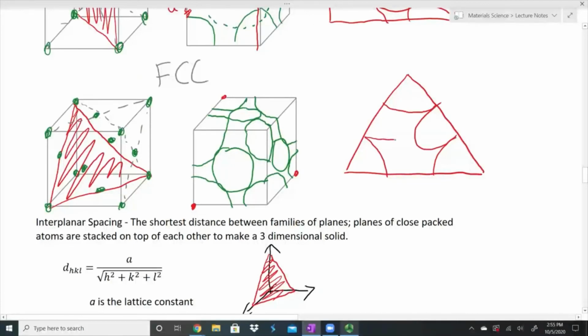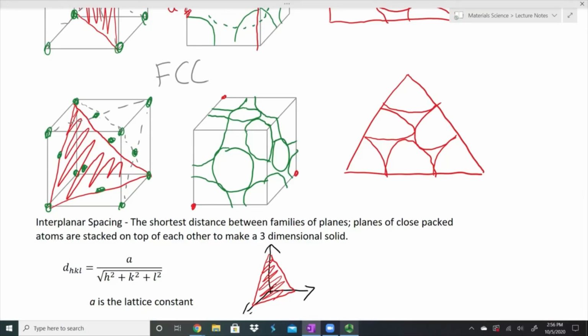These atoms are going to all touch, something like that. Maybe we'll take a look at some pictures later so you don't have to see my horrible drawings of this. But this is going to be the most densely packed plane. And you can see that it's actually very, very densely packed. You could do some math, use a little bit of geometry to figure out exactly what the density of this plane is.